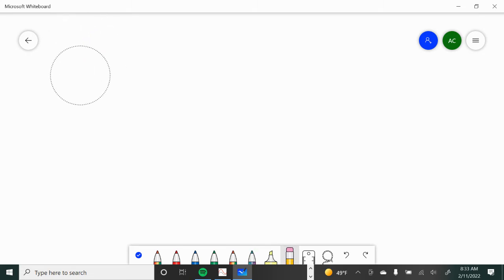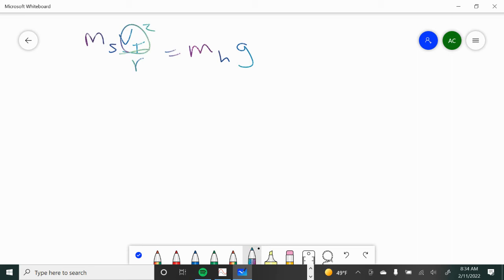Solve it for VT squared on your paper by your little lonesome. Solve for VT squared.